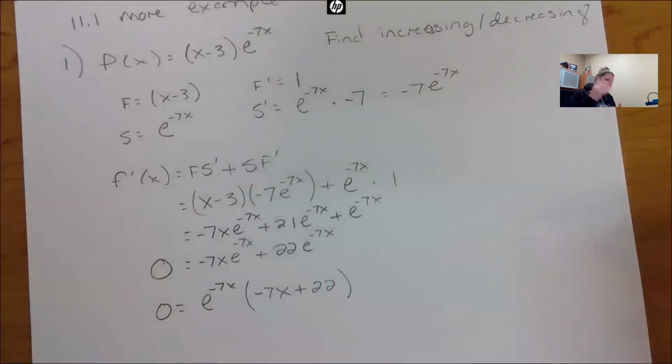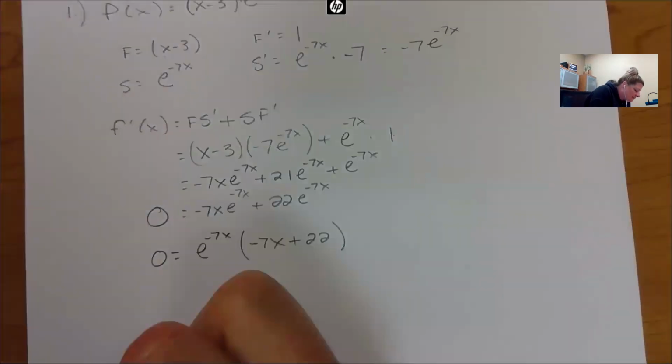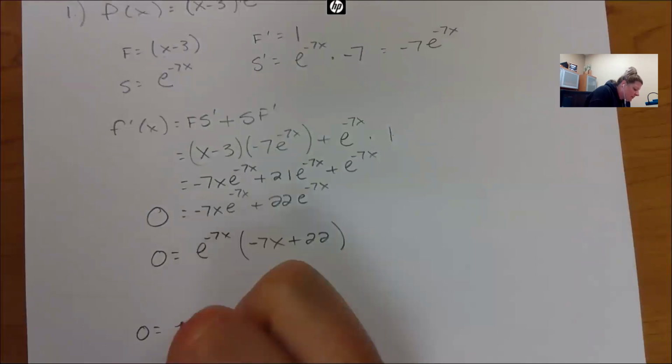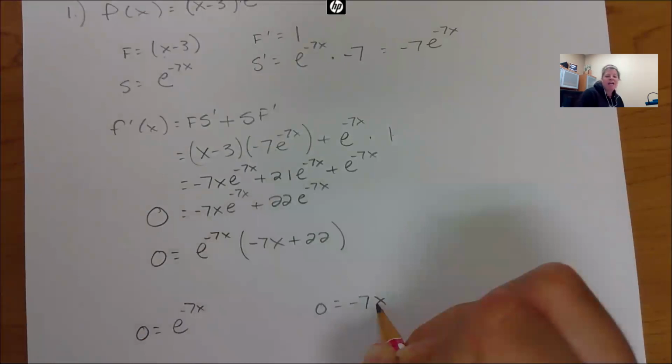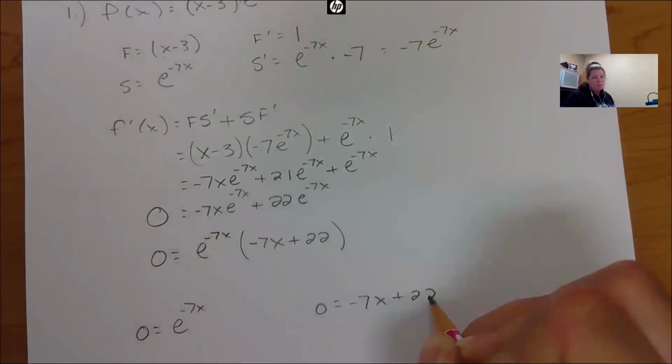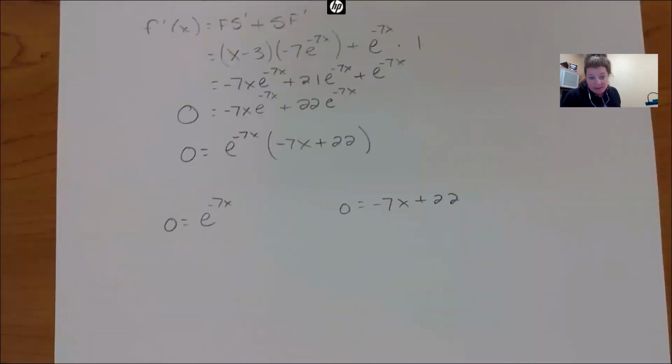Okay, so I took that out front, and now I have just that other part left. Now, because these are times, you can look at them each separately. Where do they each equal 0? They're both factors. Where do they each individually equal 0?